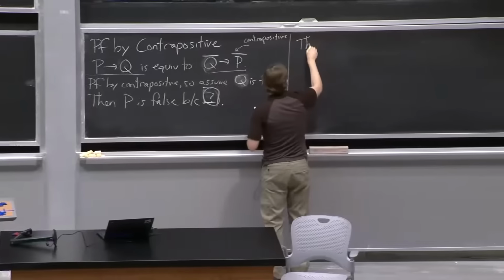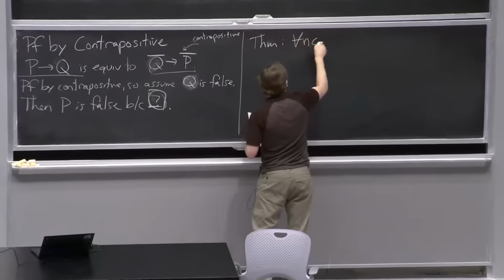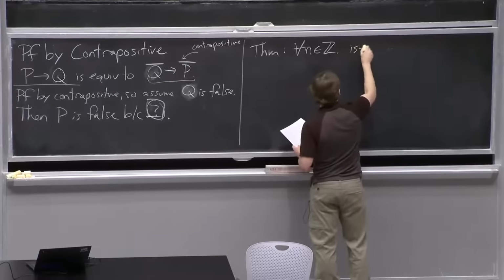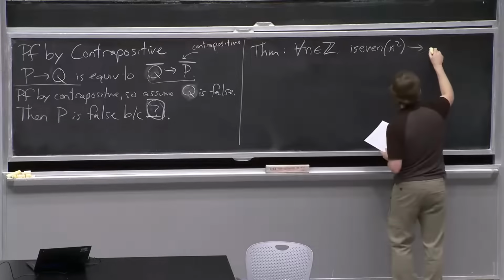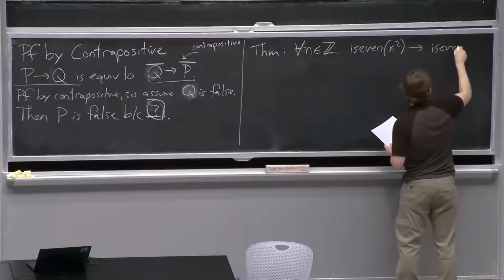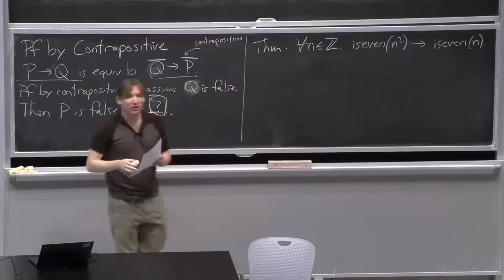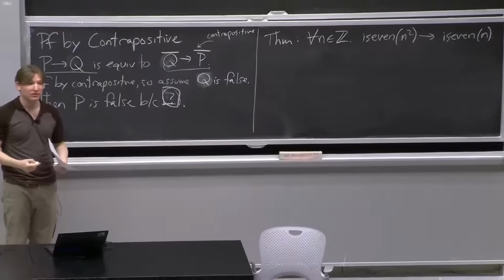Theorem. So for all integers n, if n squared is even, then n is even. For all natural numbers n, if n squared is even, then n is even.